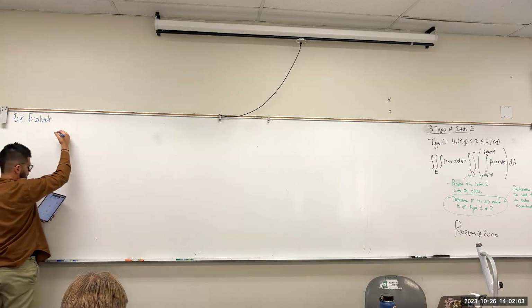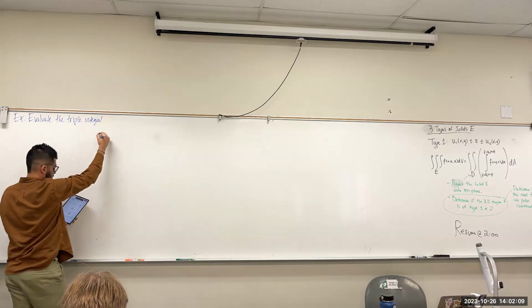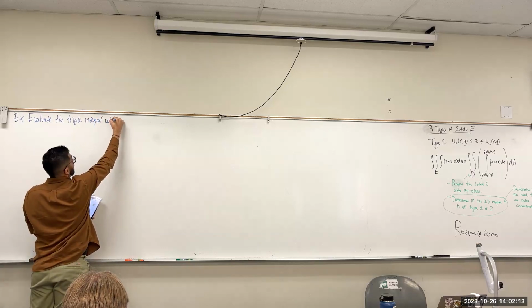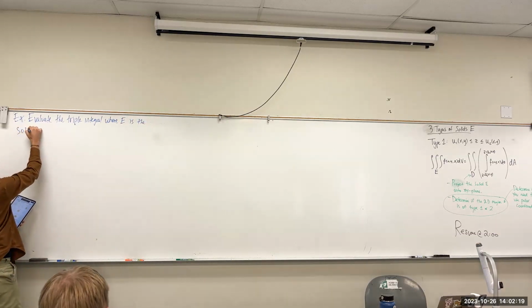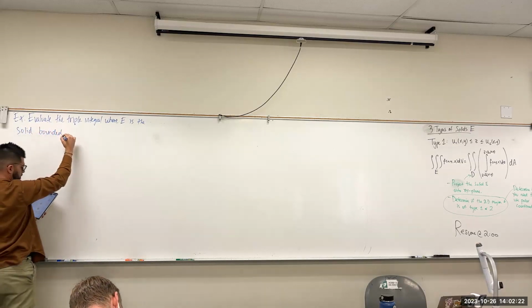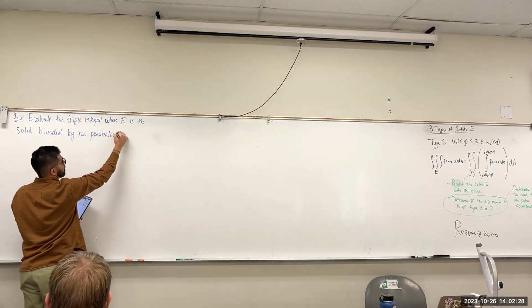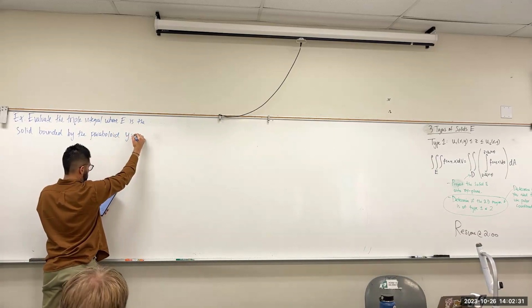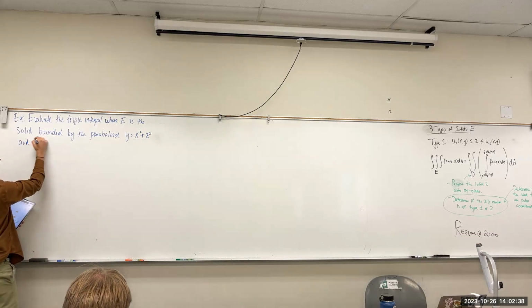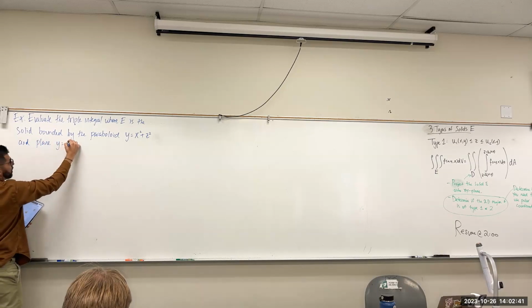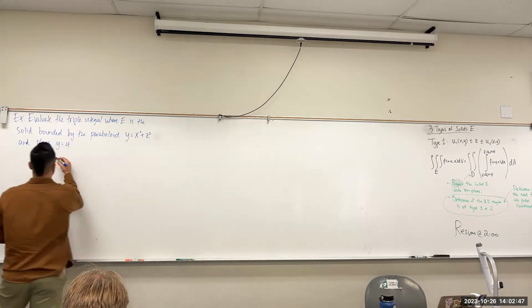Evaluate the triple integral where E is the solid bounded by the parabola y equals x squared plus z squared, and the plane y equals 4. And this is the integral we're being asked today.